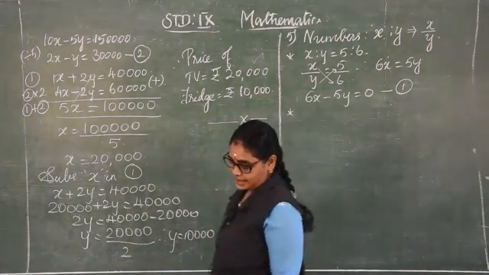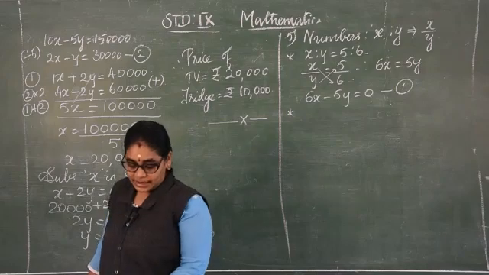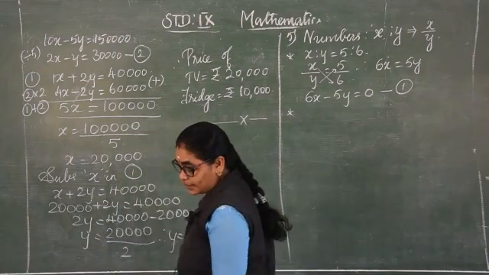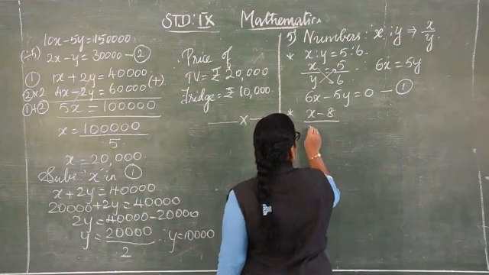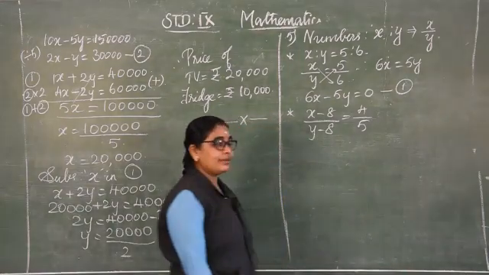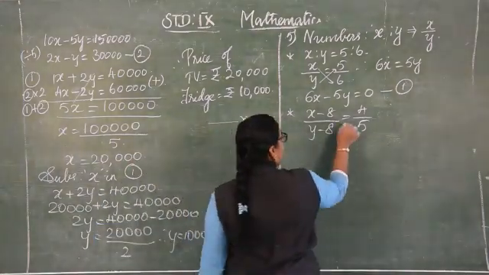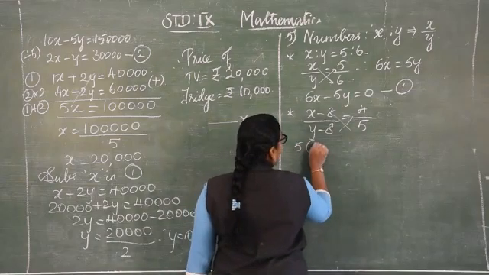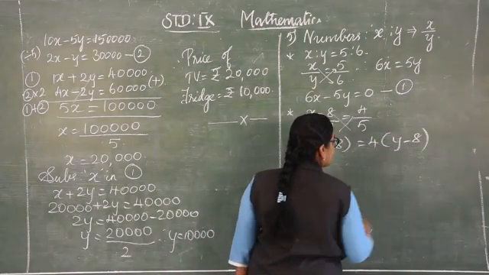Then the second condition is, if 8 is subtracted from each of the numbers, then the ratio becomes 4:5. So when 8 is subtracted from each of the numbers, then it becomes 4:5, and the ratio I have written in terms of fraction. So again cross multiply. 5 into x minus 8 is equal to 4 into y minus 8.